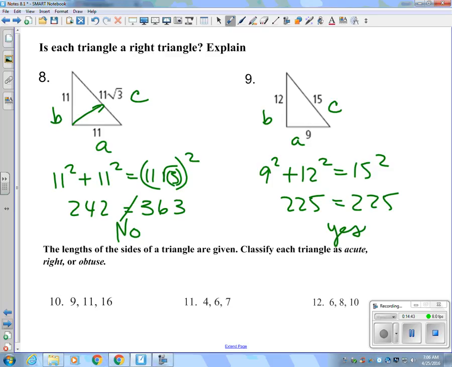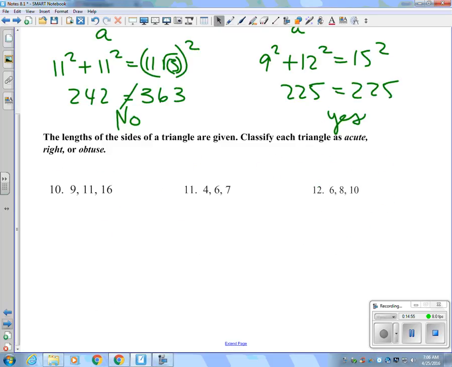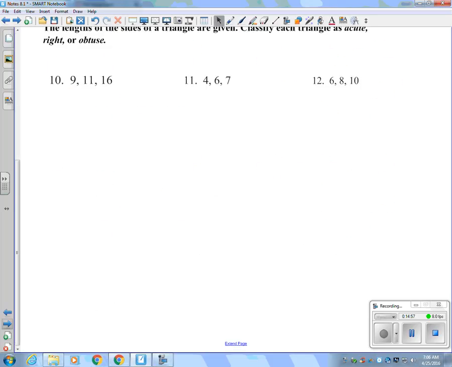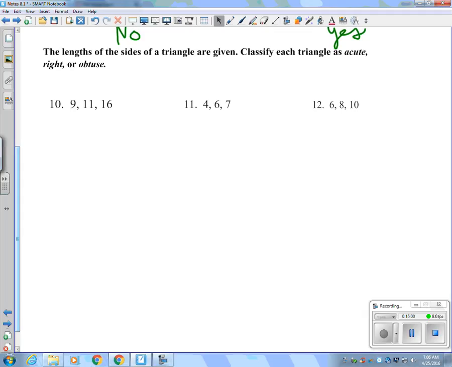Now, when it's not a right triangle, there is a way to tell if it's acute or obtuse from this whole lesson, so we're going to move our screen up so we can write a couple of rules real quickly for you. So c squared, we're going to turn the problem around just slightly.